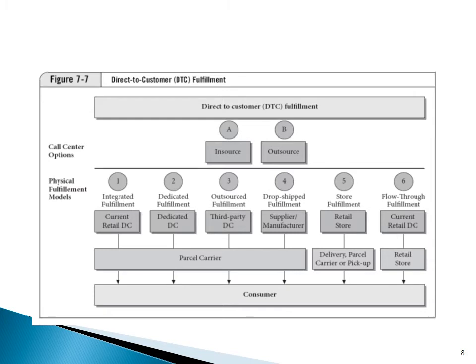Now, direct to customer fulfillment. This figure shows different ways in which a producer can reach customers. They can sell through the conventional channel, that is through the retailers and distributors in between. They can ship things directly to the customers.